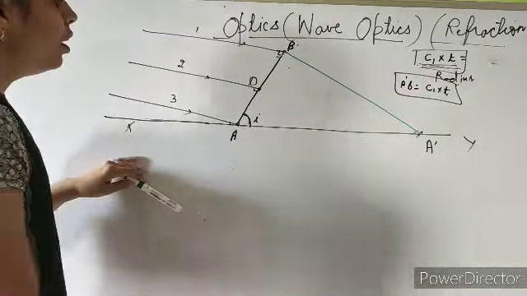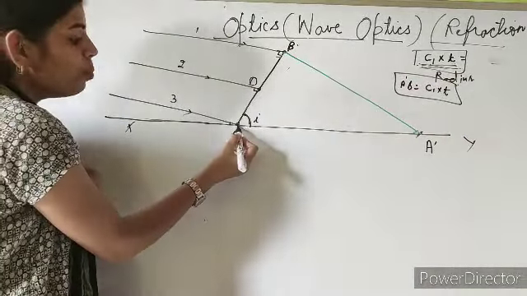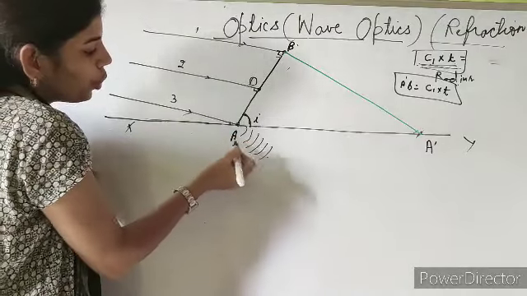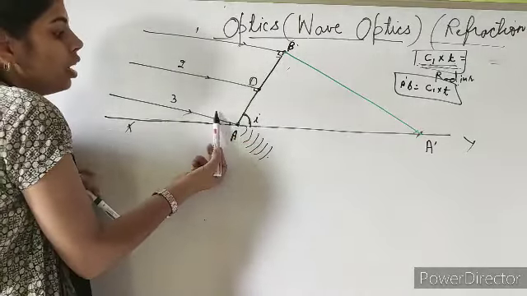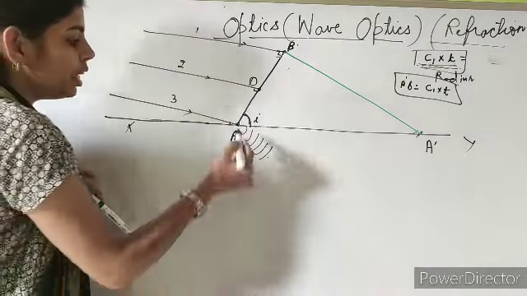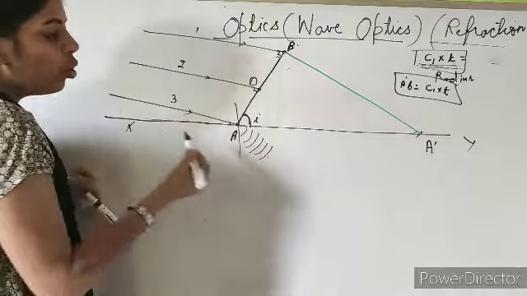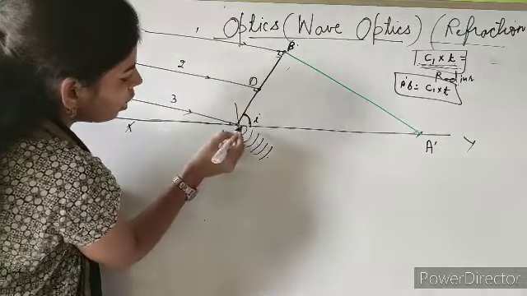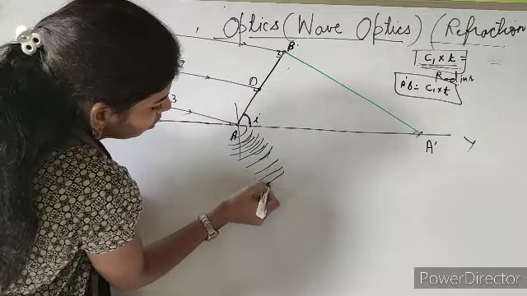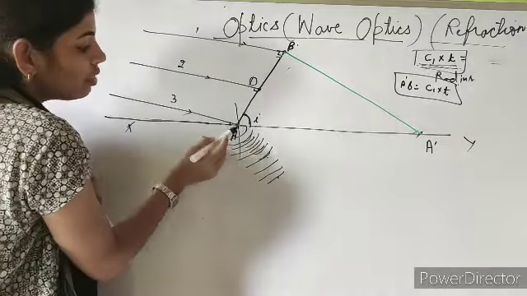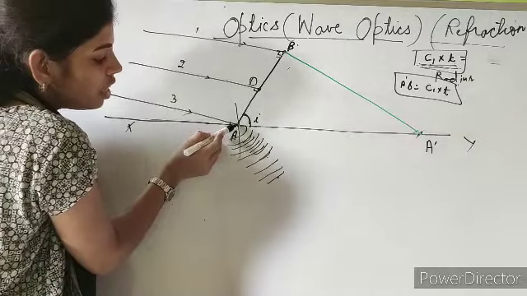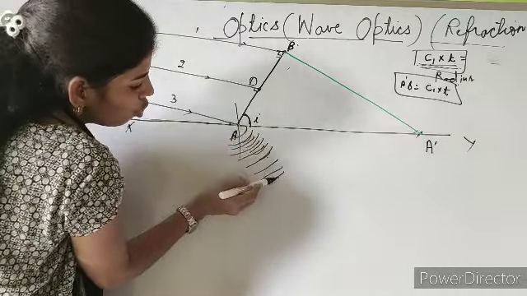Now in the same way, disturbance from A would also travel like this, or you can say the rays will travel from the rarer medium to the denser medium. So this is the normal and the ray will bend towards the normal, and secondary wavelets would travel like this. And this disturbance from this point will cover this much distance.